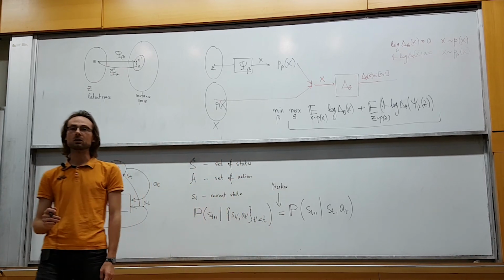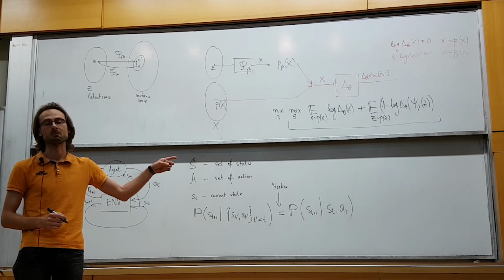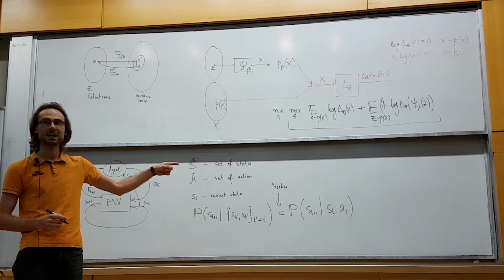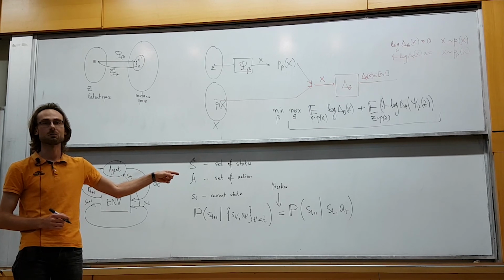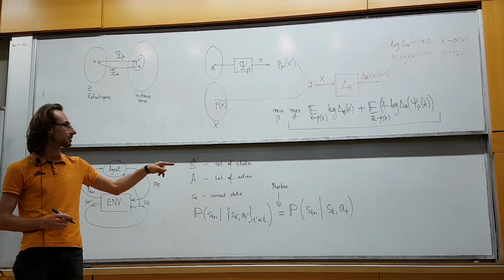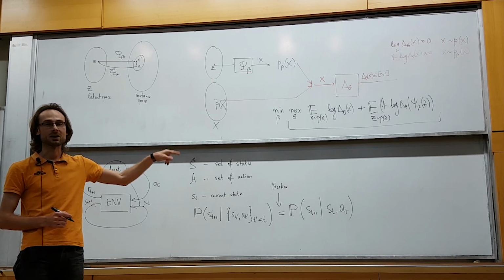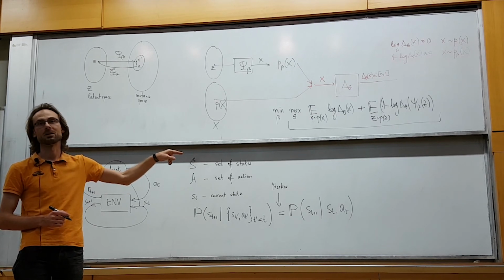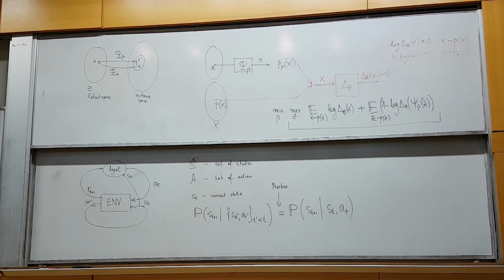I would also like to assume that this transition probability doesn't depend on time, that it is shift invariant in time. Okay? So the probability of transitioning from state ST under action AT to state ST plus 1 is exactly the same probability as transitioning from ST plus delta under action AT plus delta to a new state ST plus 1 plus delta. So if you shift your game in time, this transition probability will be exactly the same.